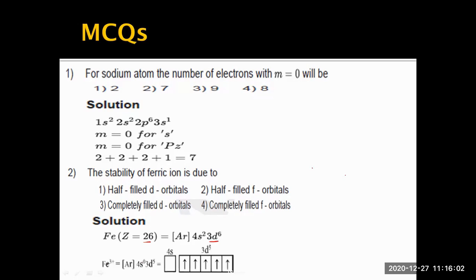Fe3 plus means remove 3 electrons. You are going to remove 2 electrons from 4s, and 1 electron from 3d6. So it becomes 3d5, 4s0. 3d5 means half filled. So half filled and completely filled orbitals are more stable. This half filled d orbital is the correct answer.